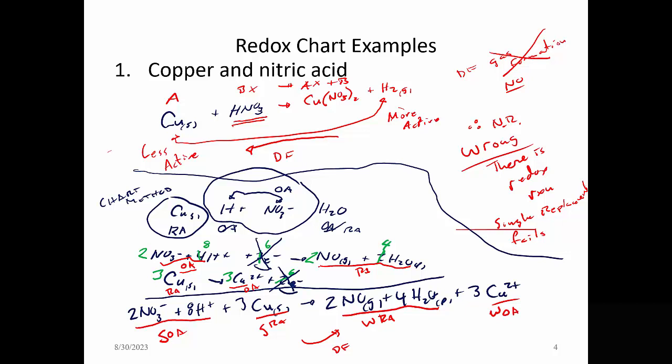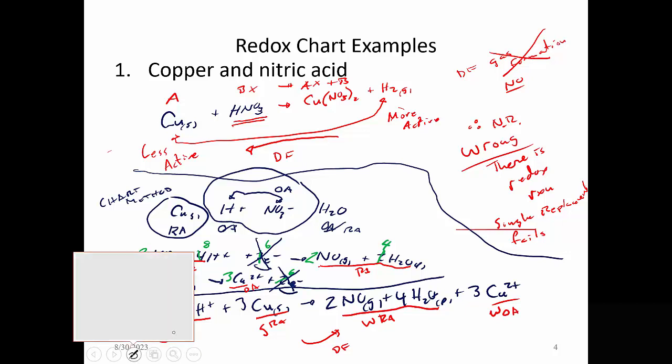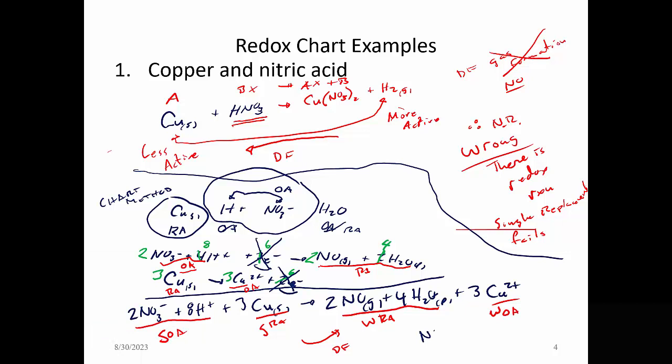Now, NO gas is colorless. And so what happens after this is the NO gas reacts with oxygen in air to form NO2 gas. This is an orange-brown gas, and this is a colorless gas.